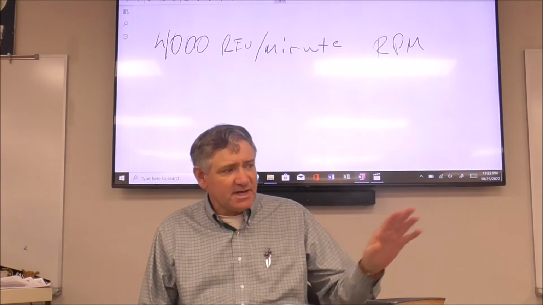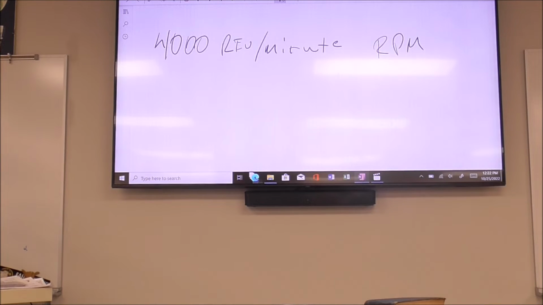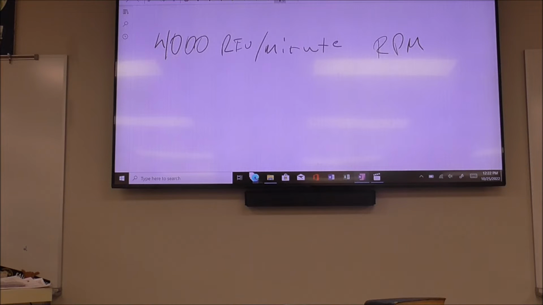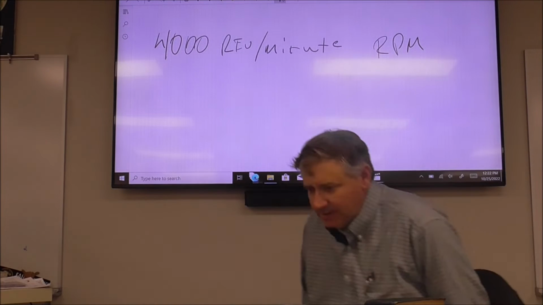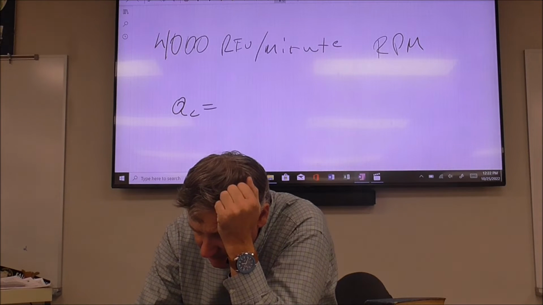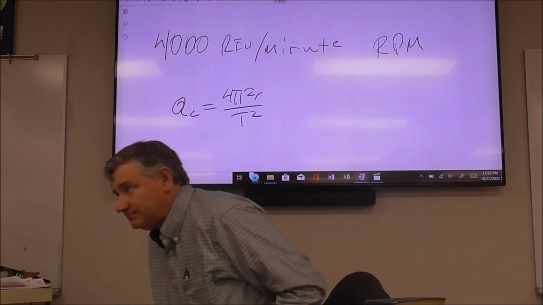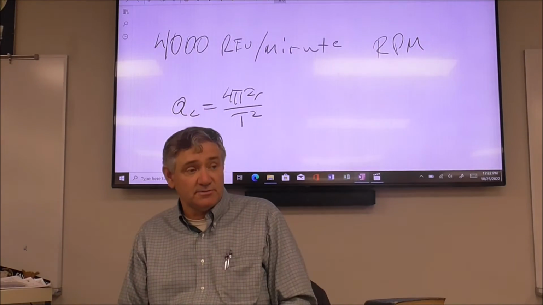So if we want to calculate the centripetal acceleration in the bottom of this test tube, we need some information, okay? So one option is that we can go, okay, well, centripetal acceleration is 4 pi squared r over t squared, okay? So that's an option, we can do that.